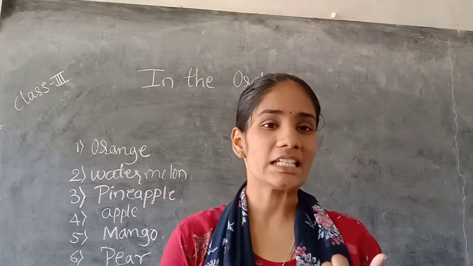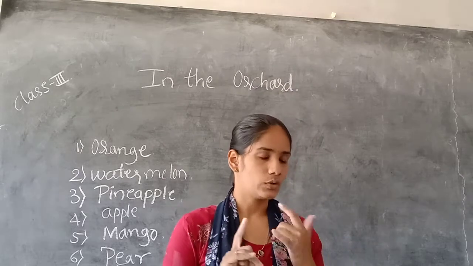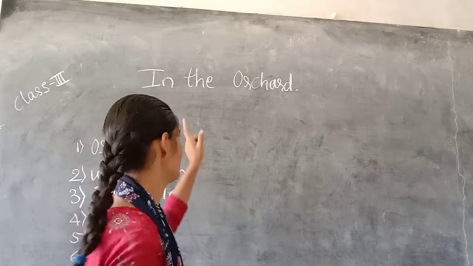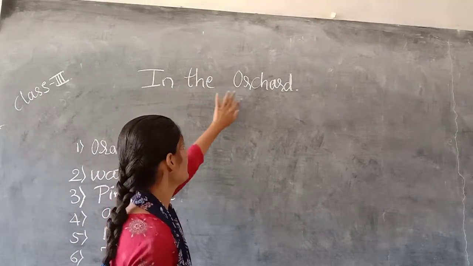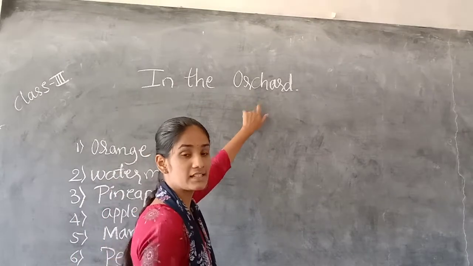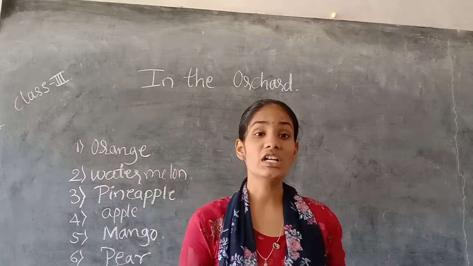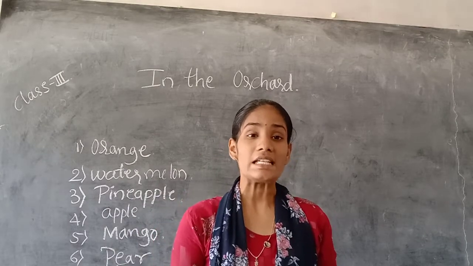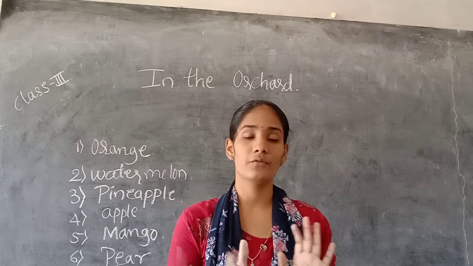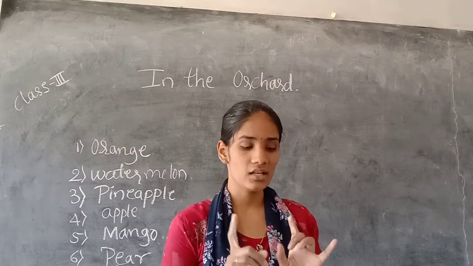The lesson is about fruit. The title of the lesson suggests that an orchard is a land of fruit trees. The land of fruit trees is known as an orchard.